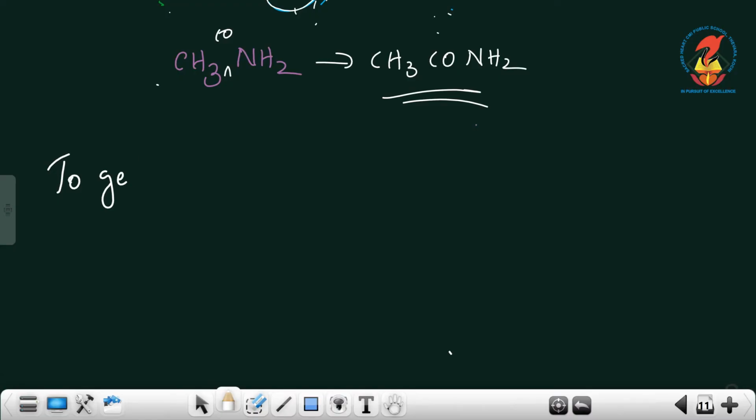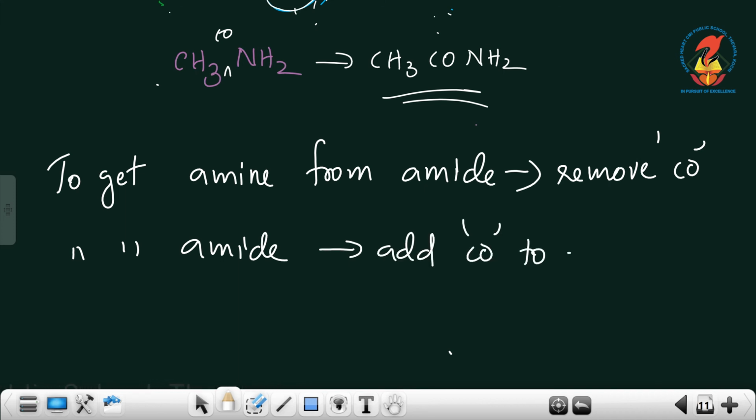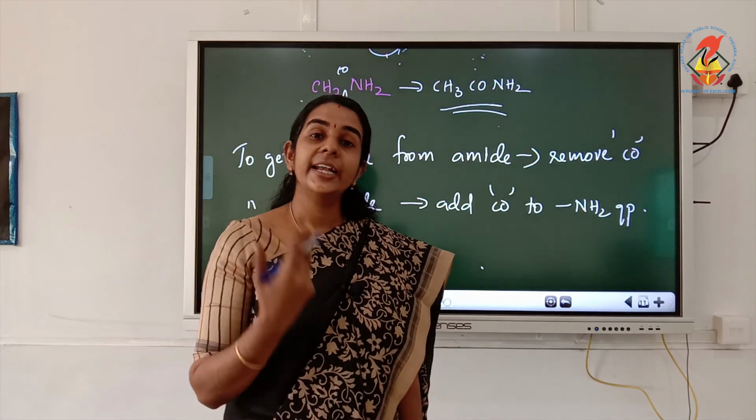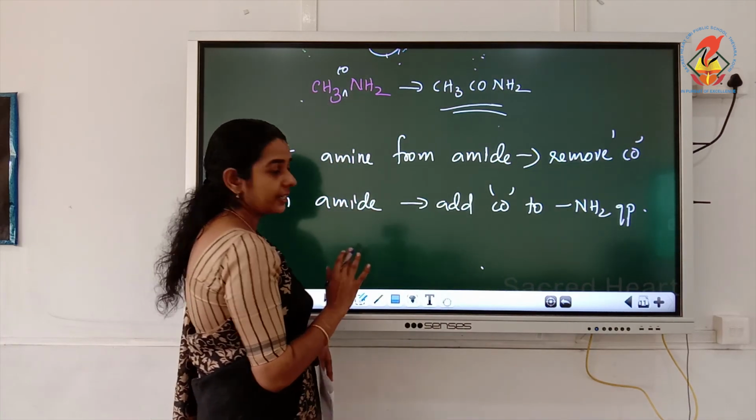To get the amine from the amide, we need to remove CO. To get the amine, always remove CO, and to get the amide, add CO to the NH2 group. So to get the amine, remove CO from the amide, and to get the amide, add CO just before the NH2 group.